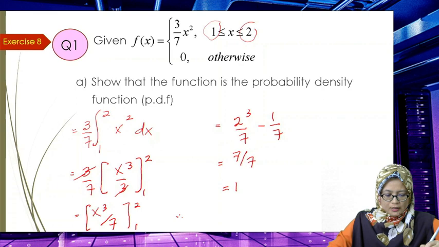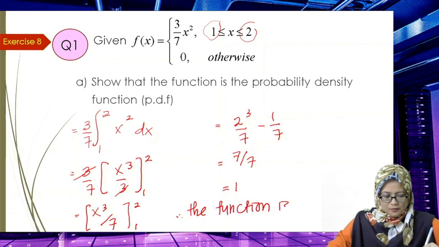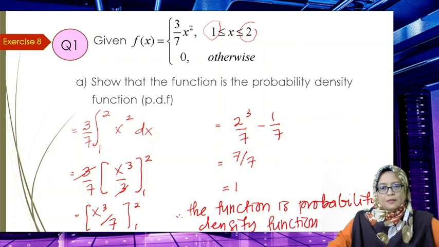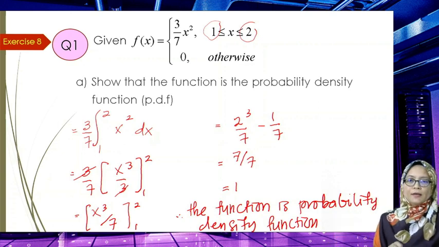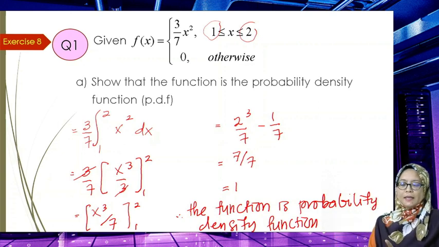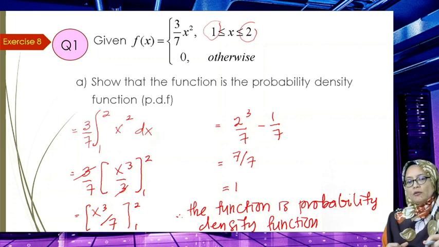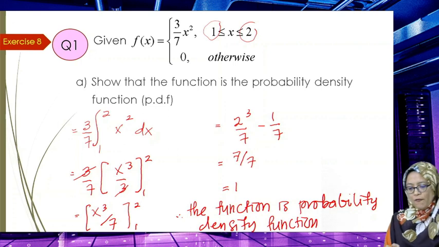So we conclude the function is a probability density function. When you integrate the function over the given interval, you must get 1. Then we conclude it is a probability density function.